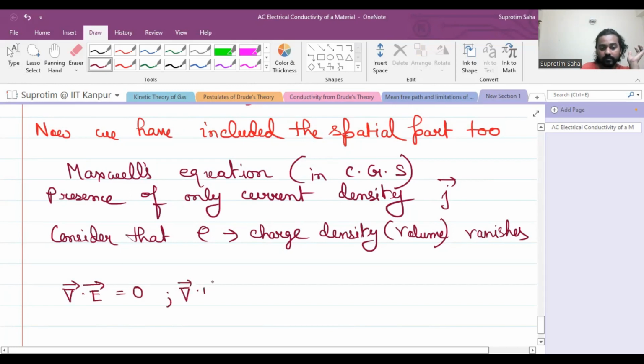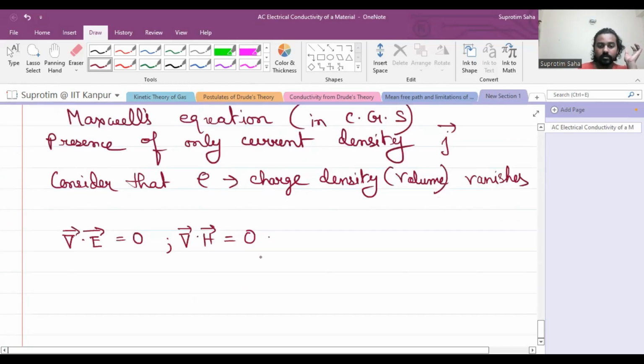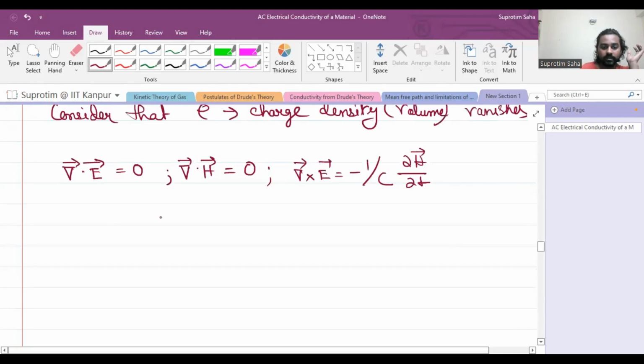Divergence of the magnetic field is anyway 0. Curl of electric field is equal to minus 1 over C times del H by del t. And the final form is curl of H equals 4 pi over C times J vector plus 1 by C del E by del t.